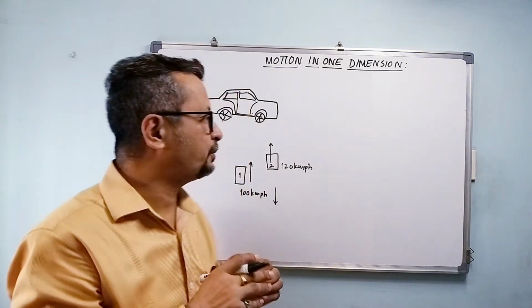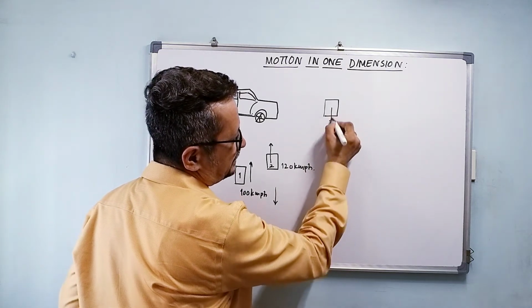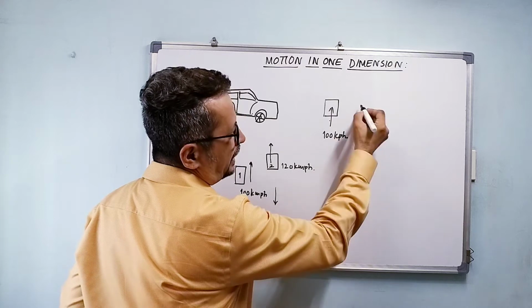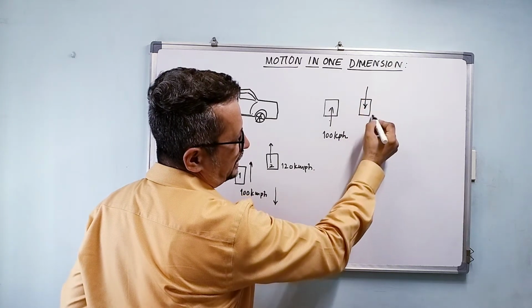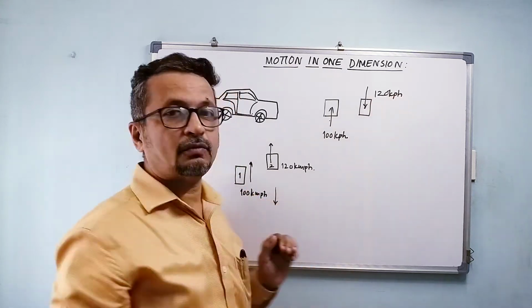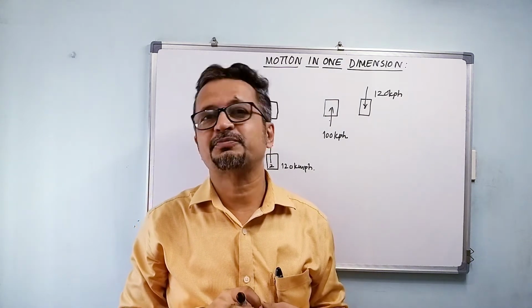But suppose in the second scenario, my first car is going in this direction, speed is 100, and the second car is going in that direction and speed is 120. Now what happens? You must have experienced this on some expressway.